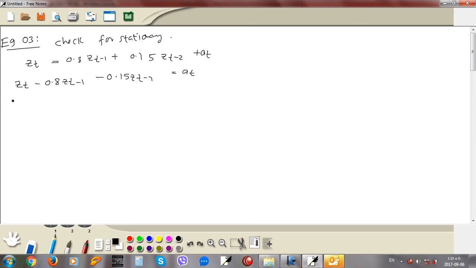Then we can write this using B operators: 1 minus 0.8 B z t minus 0.15 B squared z t equals a t.